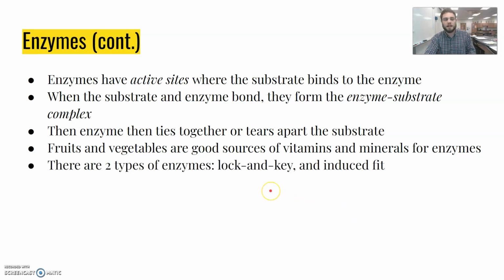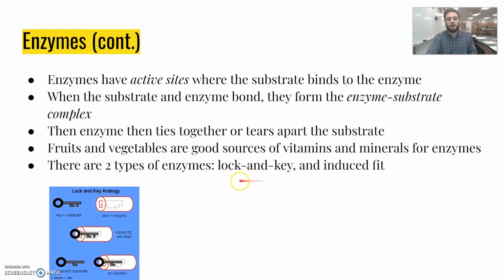And then the last thing on enzymes, they do come in two forms, a lock and key and an induced fit. And just based on the name, you might be able to figure out what they look like. Lock and key enzymes are very specific and only work on a perfectly fitting substrate, so your lock and your key.